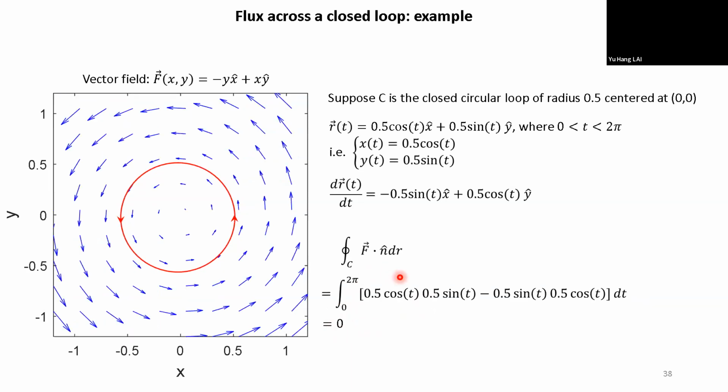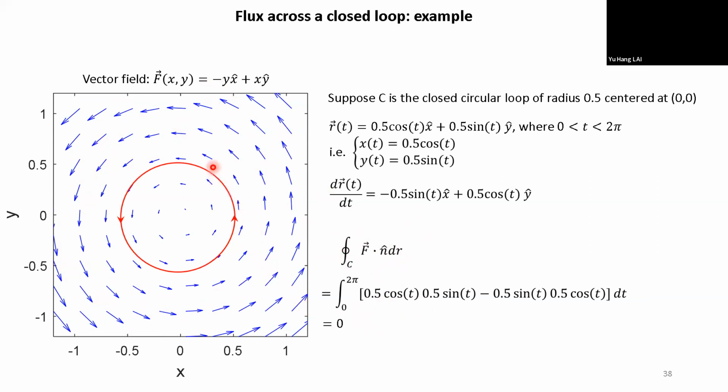So now I just switch the field to this form, remember this circulating field? And if you go to find this flux integral, this time you find 0.